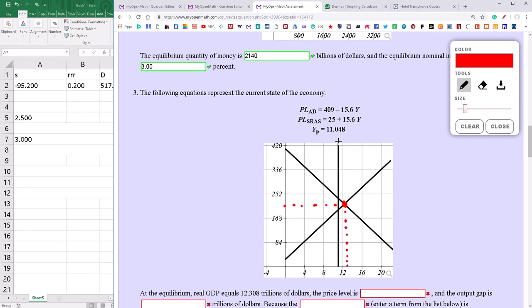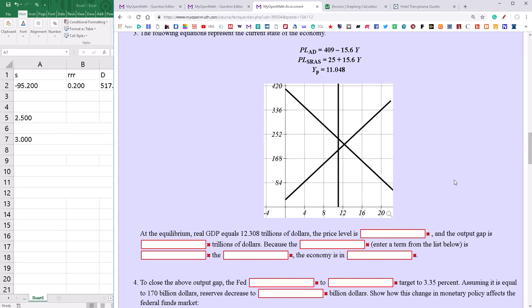Again, this is the long-run aggregate supply curve, LRAS. This is the short-run aggregate supply curve, SRAS. And this is the aggregate demand curve, AD. This is real GDP. And this axis is the price level or inflation. So let's go ahead and close that out. So at the equilibrium here, GDP is 12.308, and that's more than potential.